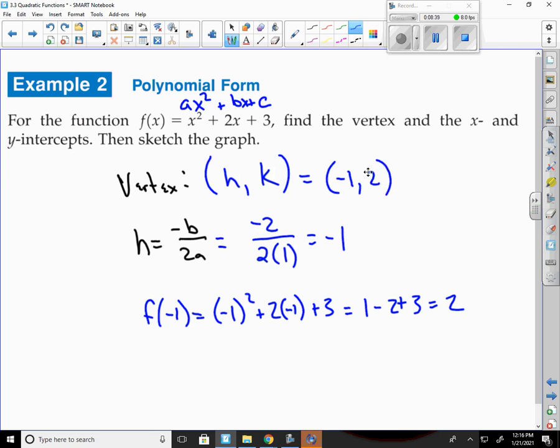Now I have the vertex at negative 1, 2. To find my y-intercept, in polynomial form it's always just the number that's my c value. So my y-intercept is 3. It's whatever the c value is.